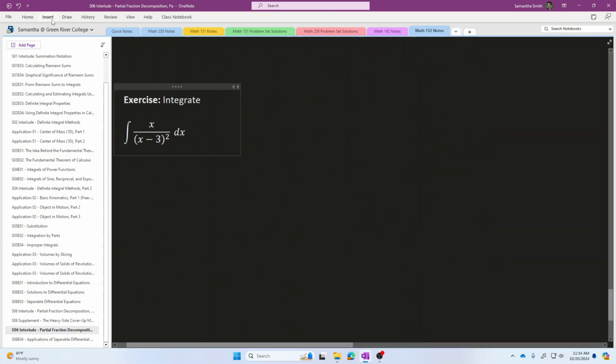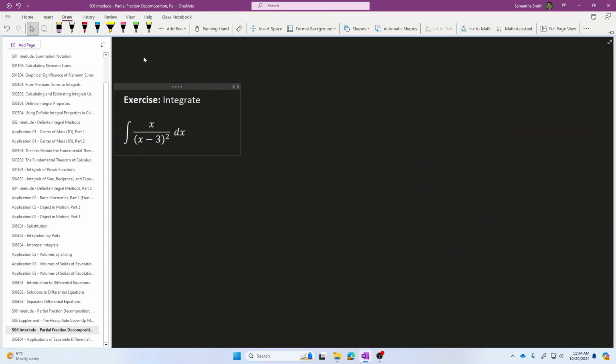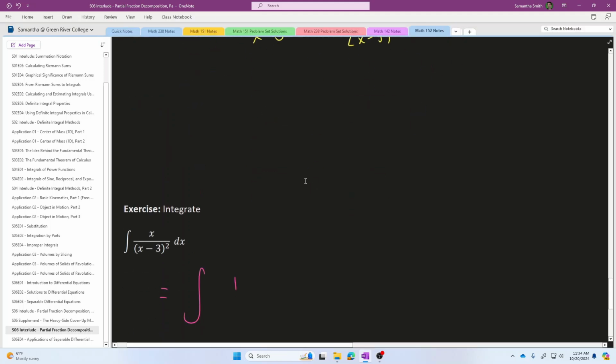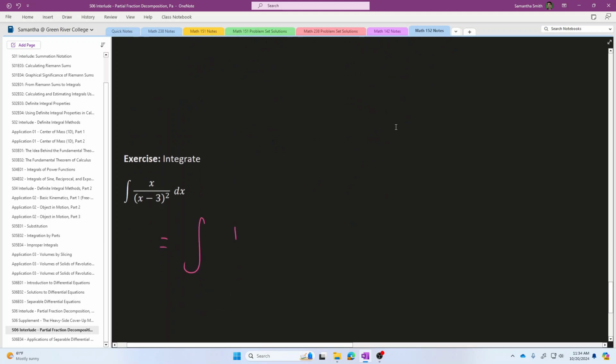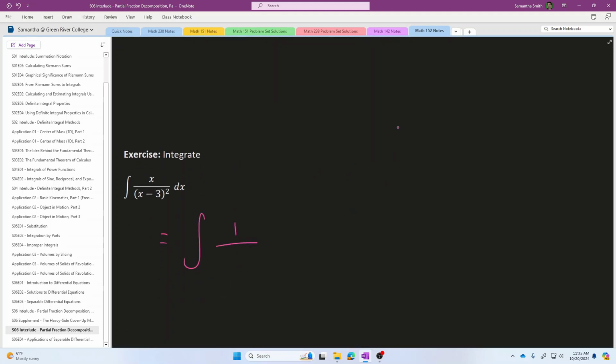For example, if somebody says integrate this expression, you're going to have a hard time finding a u substitution that will work well. So instead, we can try and integrate the alter ego of this fraction, which is 1 over x minus 3 plus 3 over x minus 3 squared.